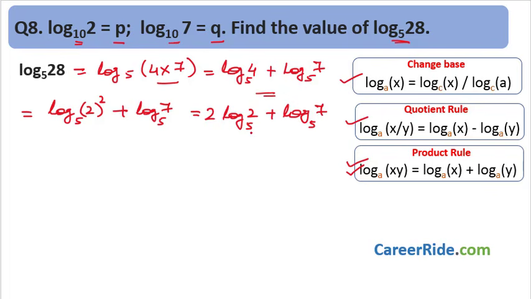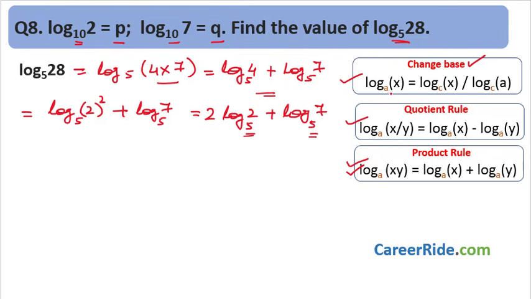Till here we have reached, but whatever we are given is in the form of log base 10, and what we have here is base 5. We need to change the base here. So let's take a look at the change of base rule.